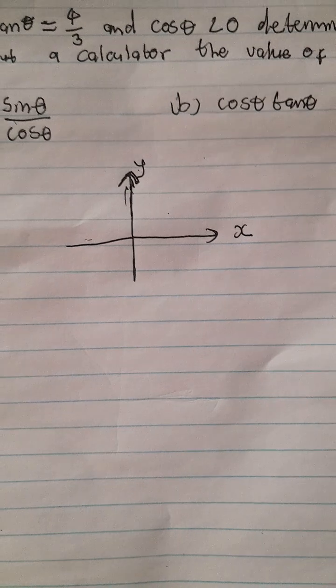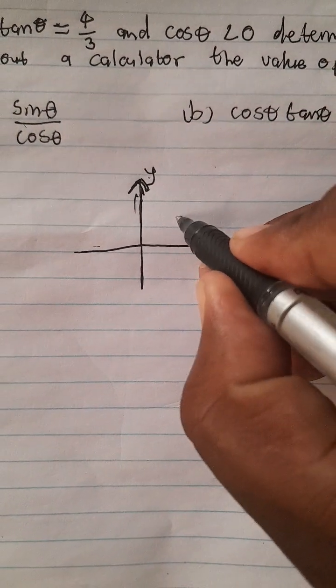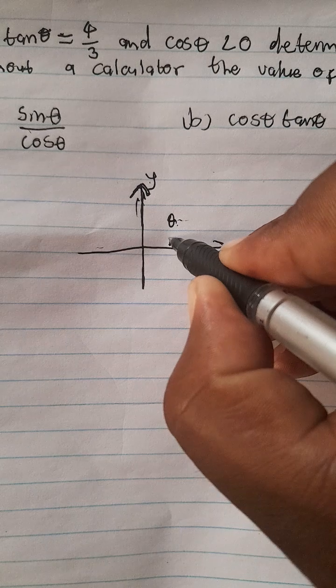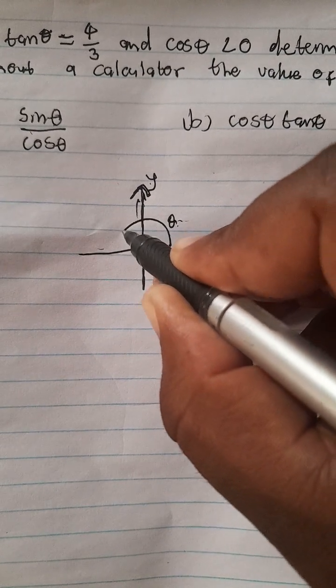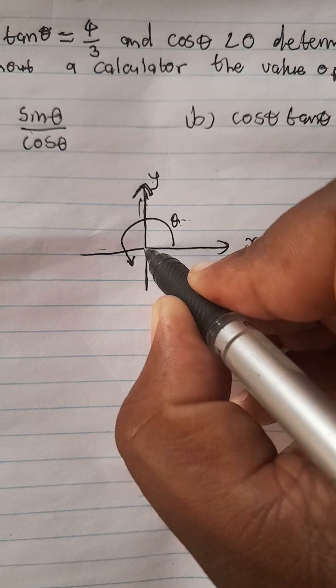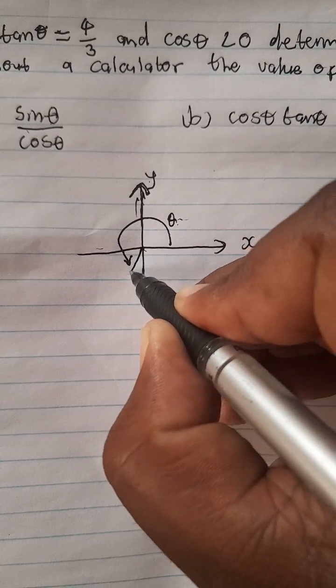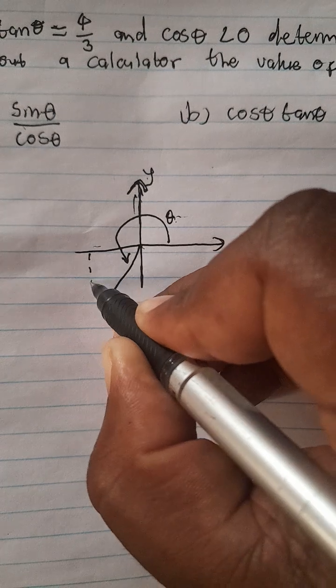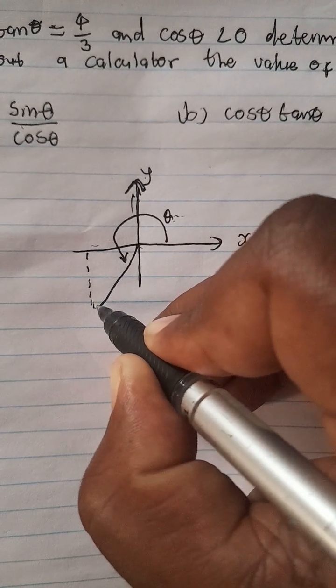We'll place theta here. Then what about the terminal arm? The terminal arm lies in the third quadrant. This is where tan is positive. You're going to have a drawing like this.